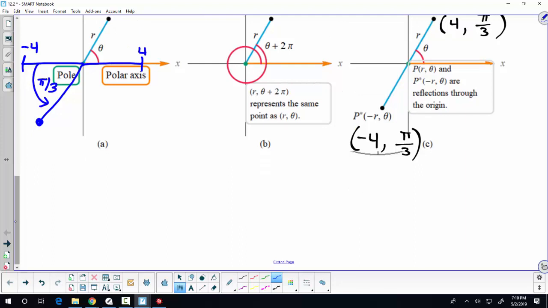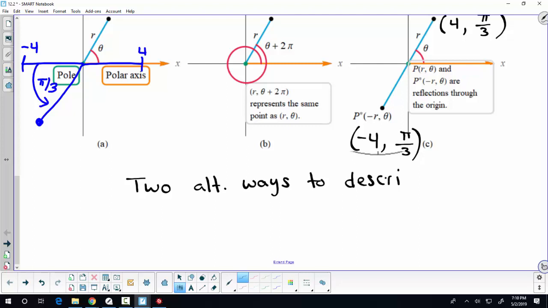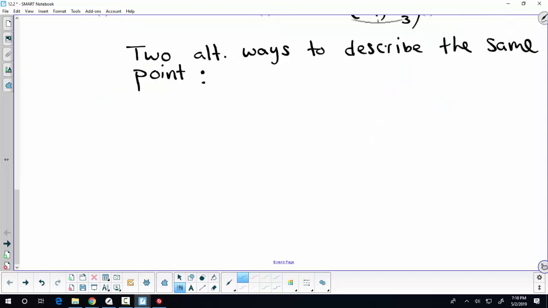But let's write out two alternative ways to represent a point. One we've seen already with the addition or subtraction of 2 pi. So we'll keep with our point as generic (r, theta).